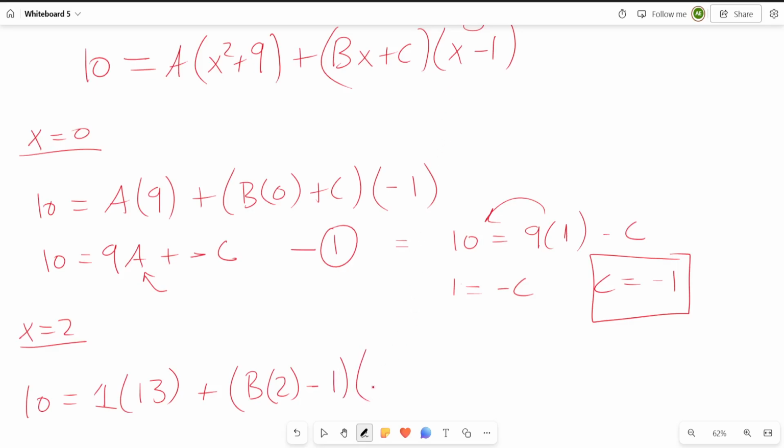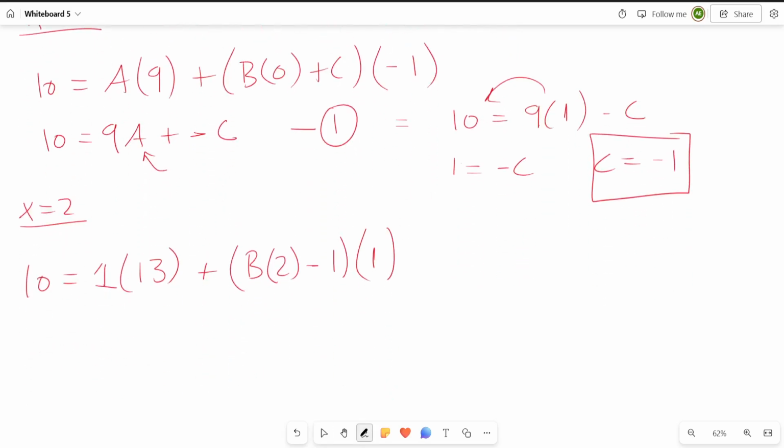And then x, which is 2. 2 minus 1 is basically 1. So over here, I'll have a 10. I'll move this 13 to the other side. It's going to become 10 minus 13. So minus 3 equals 2B minus 1. So 2B equals minus 2. So B equals minus 1 as well.